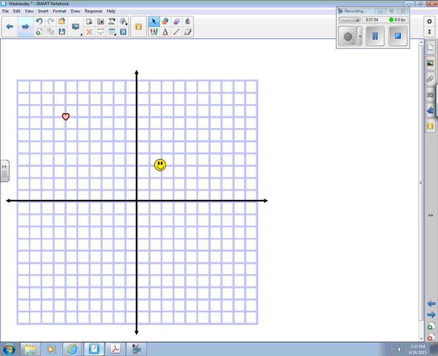Now, looking at an example on a grid, this is the point 2, 3. And over here I have the point negative 6, 7.